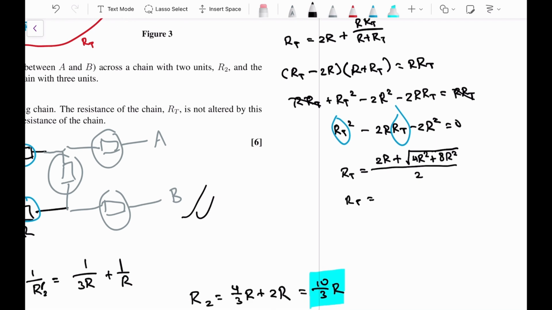So RT is equal to 2R plus the square root of 12R squared, over 2. Now we can factorize out 4, so therefore it will be 2R, we can factorize out 2R, and then square root of 3 over 2. So therefore RT will be equal to, the 2's cancel out, and what's left will be R, we can factorize R out, and then what's left inside will be 1 plus the square root of 3. And this will be the answer to the question.